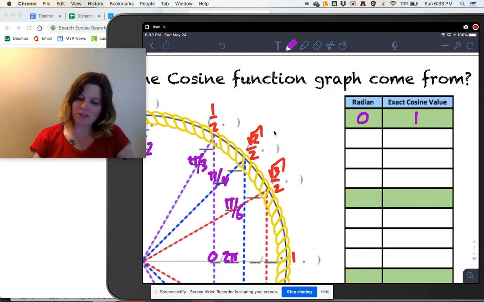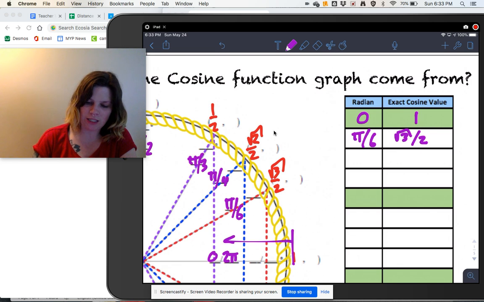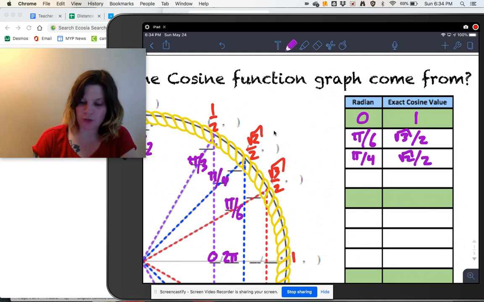All right, so the next point is pi over 6, and that's root 3 over 2. So we're coming down, right? The x value started at a maximum and it's moving in towards its minimum. This would be pi over 4 next, and that's root 2 over 2, which is slightly less than root 3 over 2. And then the next point is pi over 3. That has the value of 1/2, even less.